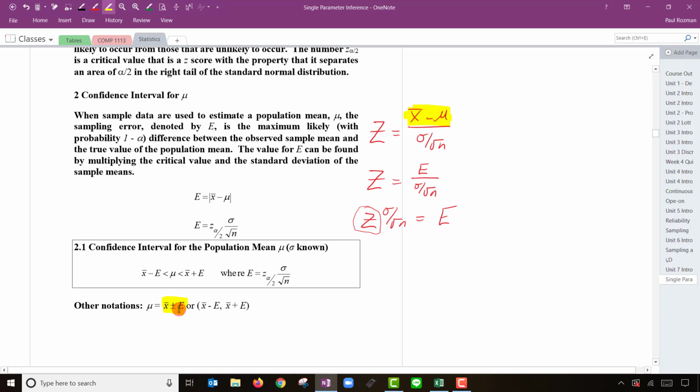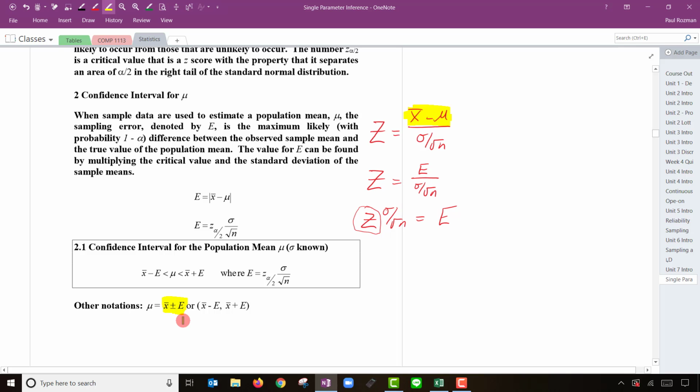When you watch the news on TV or on the internet, you'll hear them say, in a recent poll, 78% of Vancouver residents approve of more bike lanes in the city, plus or minus, say, 3%.